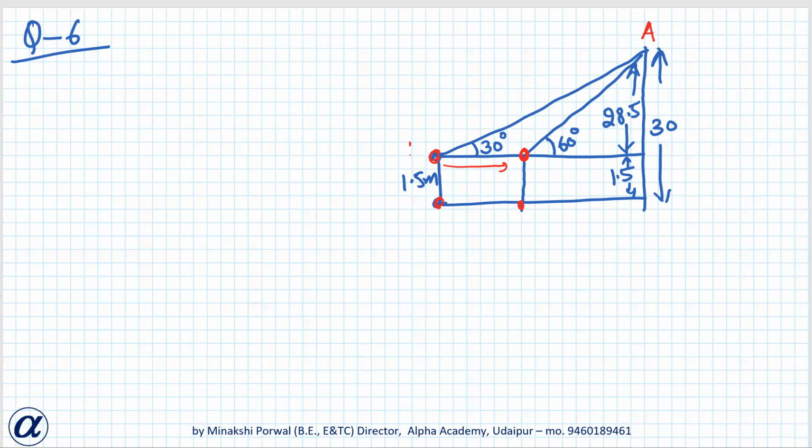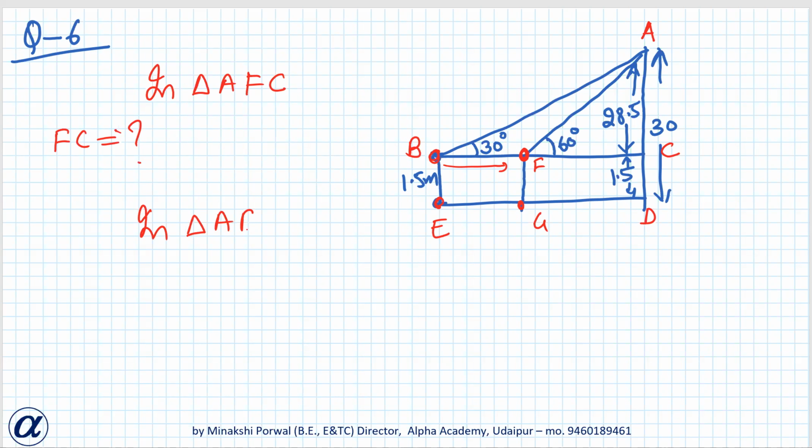So basically A, B, C, D, E, F and G. In triangle AFC, if we'll find FC, then in triangle ABC, if we find BC, और दोनों का डिफरेंस फाइंड कर लें तो हमको पता चल जाएगा ये कितना डिस्टेंस ट्रेवल किया था उसने, क्योंकि उसने डिस्टेंस क्या ट्रेवल किया? BF, वो क्या है? BC minus FC.